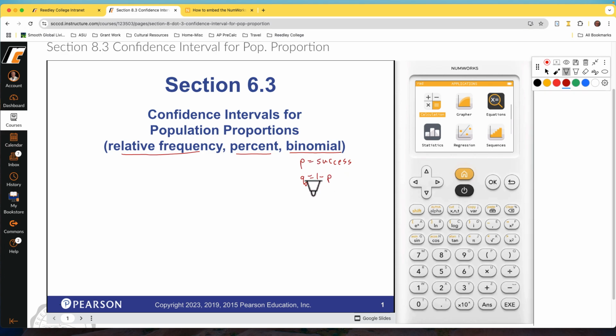Because p and q have to add to 100%. Remember, chance of rain is 70%, chance of no rain is 30%. This is what we call a failure, or true or false, something along those lines.